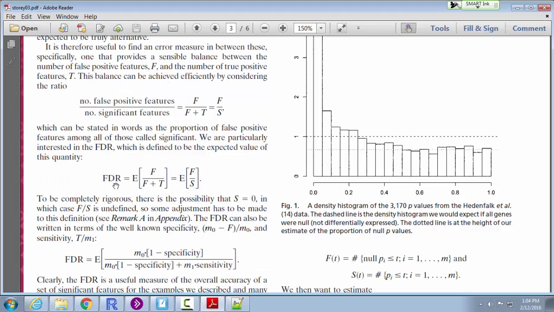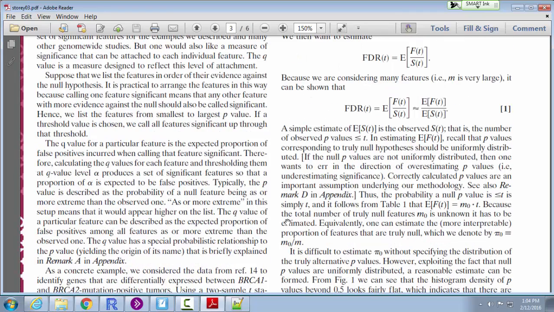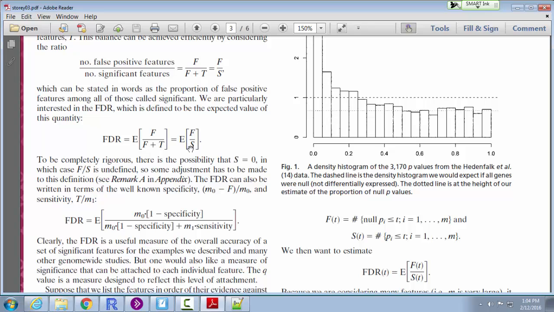So here is the definition of the false discovery rate. False discovery rate is the expected value. So expected value is a probability calculation. It's like a mean. The mean average value of number of false discoveries divided by total number of discoveries. Expected value of F over S. So if we could, you tell me what S is.